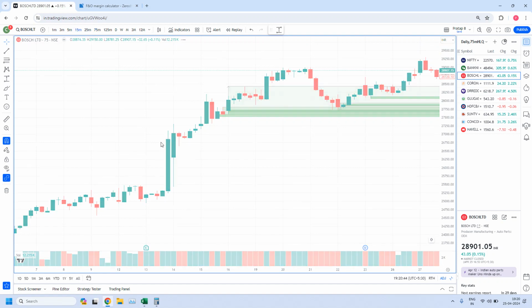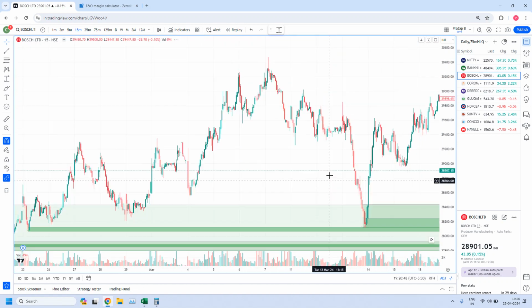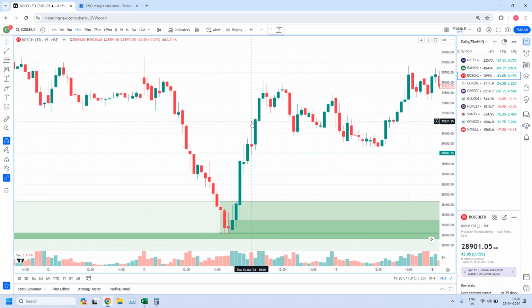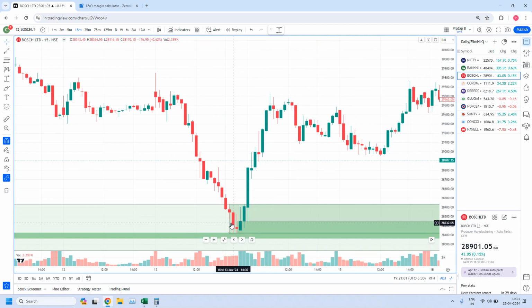Now let us fine tune with 15 minutes. See here, inside 15 minutes you have a drop, 2 base candles, rally candles. This is the way a 15 minute zone can be drawn. We have a drop, 2 base candles and a rally.